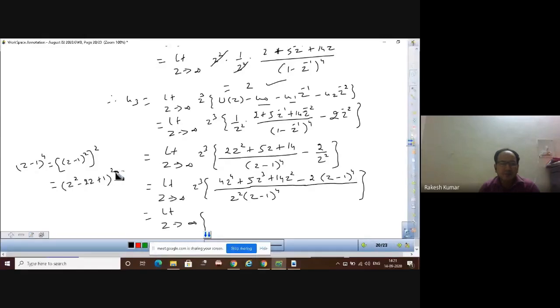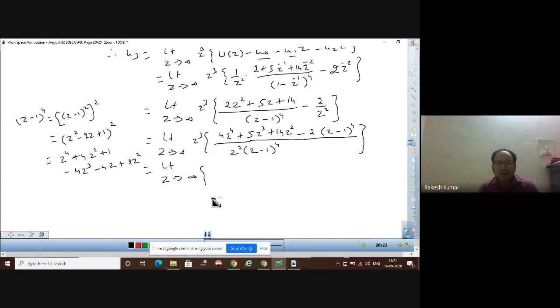That is z4, and that is 4z square, and that is plus 1, and that will be minus 4z cube, and that will be minus 4z, and that will be 2z square. So these are the terms after finding out the power 4. Now you can substitute the terms here.